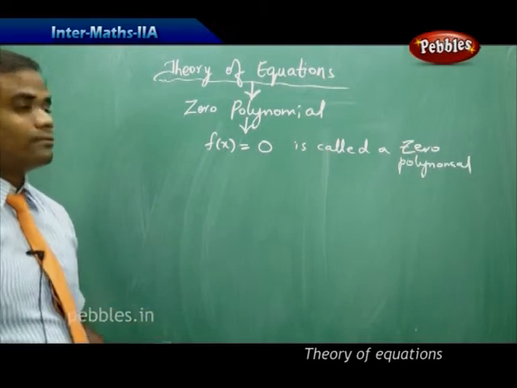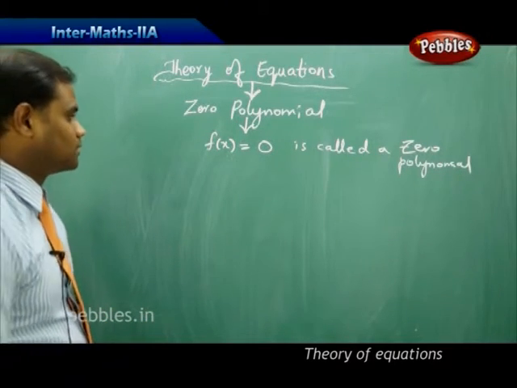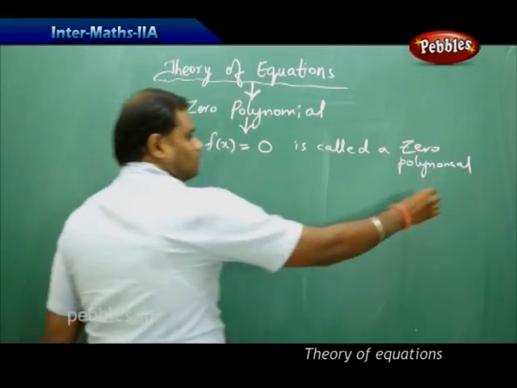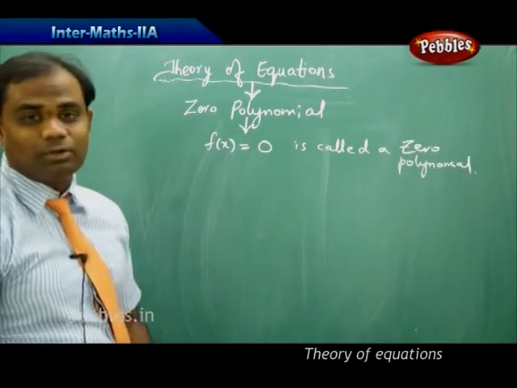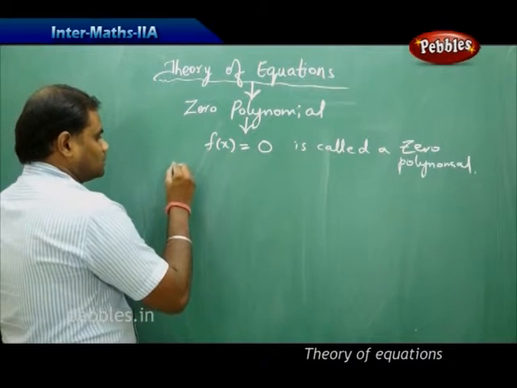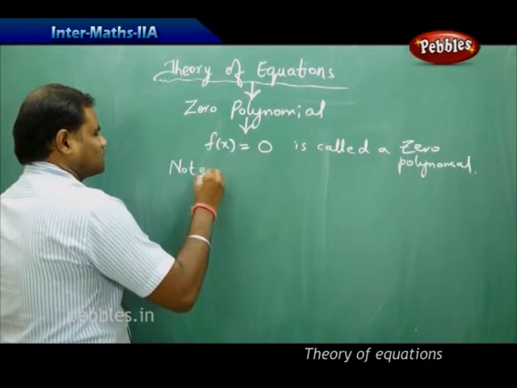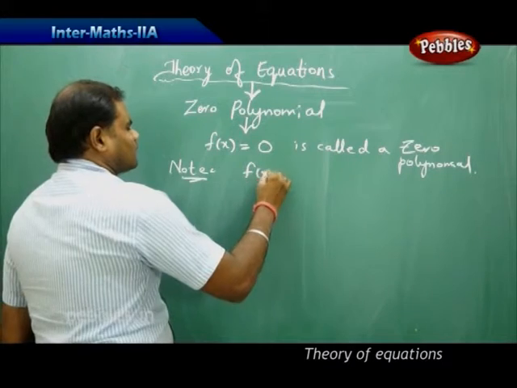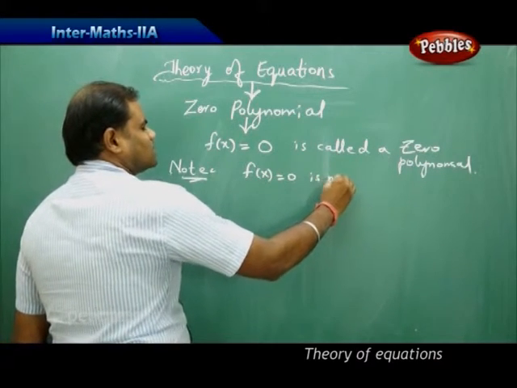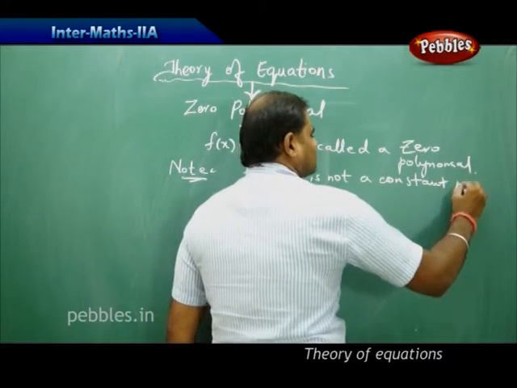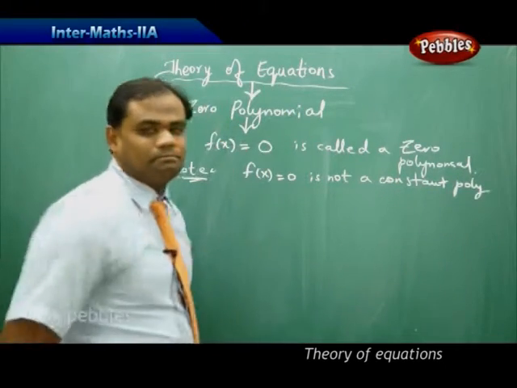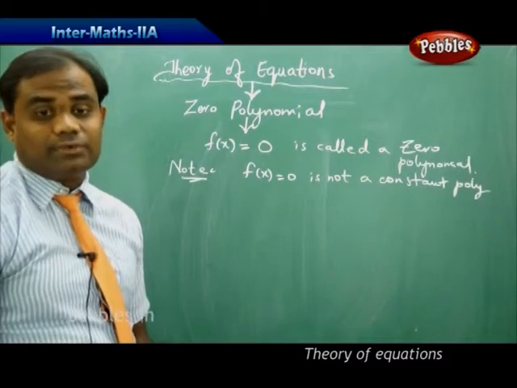Let's see how we support the statement. It's called a 0 polynomial. That means anything you have on the right as 0 is called a 0 polynomial. And note, f of x equal to 0 is not a constant polynomial. The reason is very important out here.